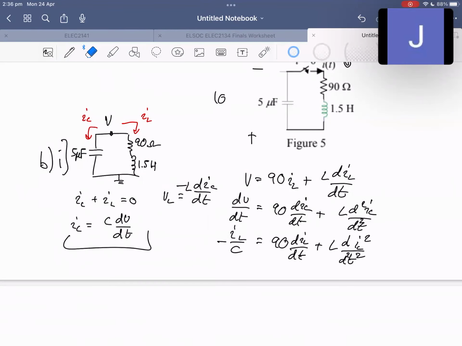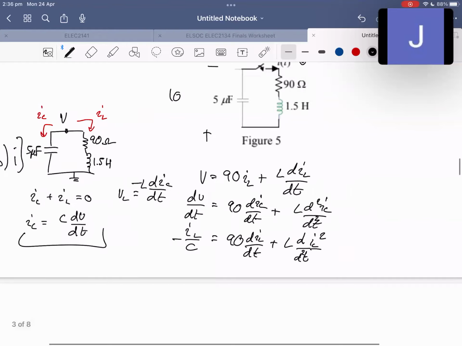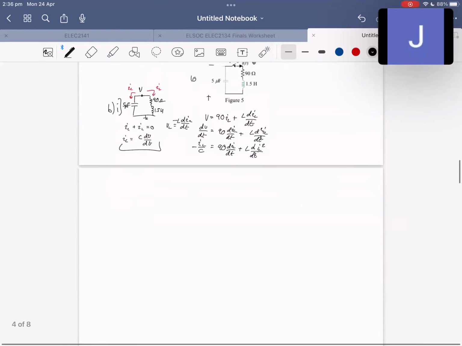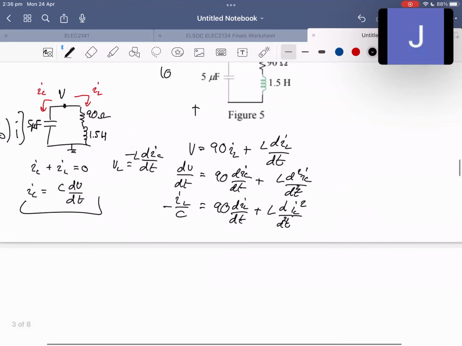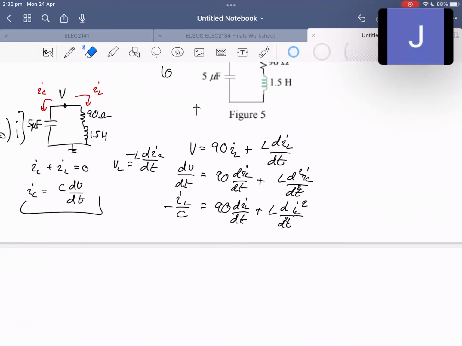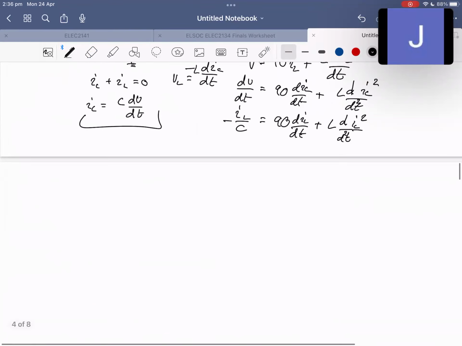Okay, so now we should be able to rearrange and get the form that the question wants us to put it in. So that gives us L times d squared I on dt squared plus 90 dI on dt.